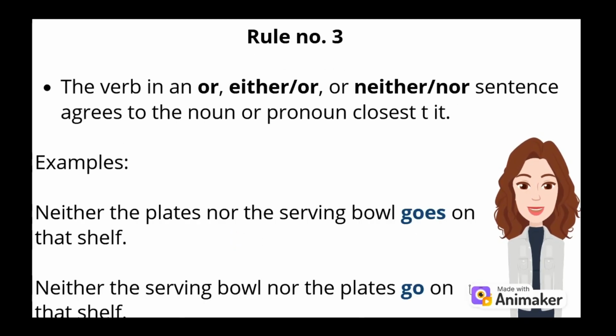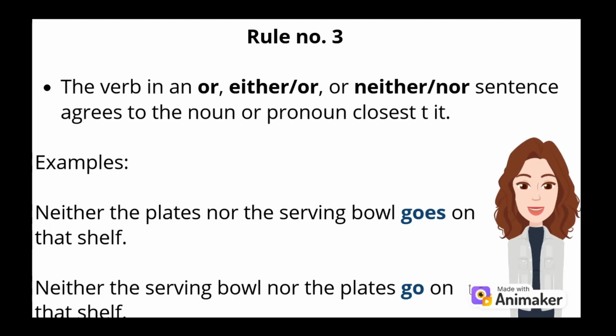The third rule is: the verb in an "either...or" or "neither...nor" sentence agrees with the noun or pronoun closest to it. Let's see the examples. The first example is, "Neither the plates nor the serving bowl goes on that shelf." Here, the two nouns used in this "neither...nor" sentence are plates and serving bowl.